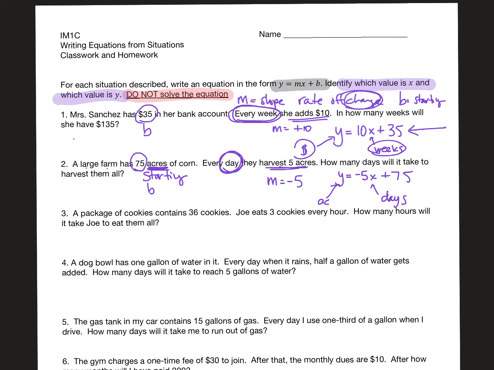It's the number of acres. All right. So again, the first step, figure out what's their starting value, what's changing. So you know that M and B. Then make sure you can go back and label what those things represent. And that's where the words will actually help. Okay, let's try it. We'll do number 3 together, and then you'll finish this worksheet on your own.